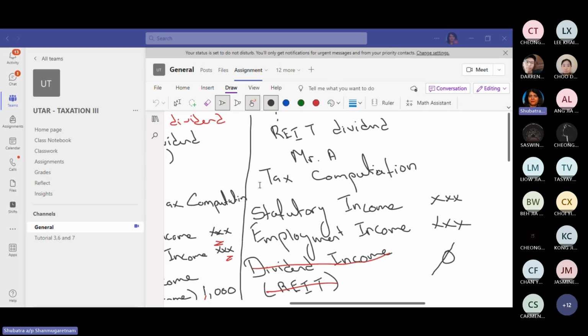Sun expects to make a profit of about 8.5 million in the year ended 2016. So the very next year, they are expecting to make profit. So when they make profit, that means the unabsorbed losses can actually be utilized to minimize this profit.